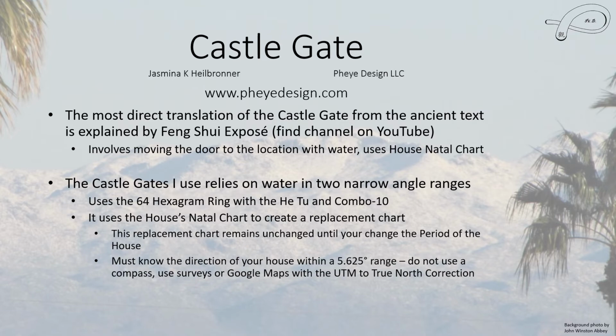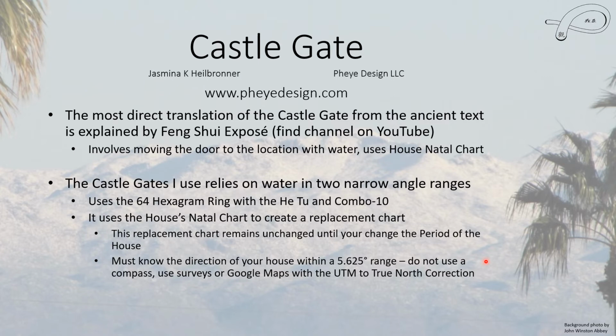The downside is you do have to know the direction of your house within a quite narrow range. So you should not use a compass because many places on the earth you're not going to get a good enough reading.